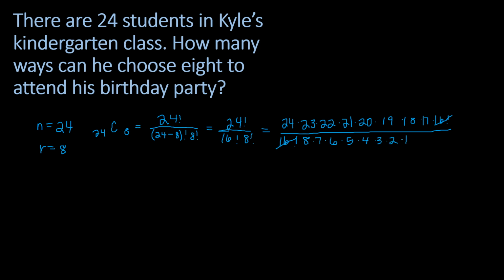Now when you type this top in your calculator, it's a really large number, so it's going to give you scientific notation. A way around this is we can type in this whole thing if we put parentheses around our numerator and our denominator. So we're going to type in parentheses 24 times 23 times 22 times 21 times 20 times 19 times 18 times 17. Close your parentheses, divided by, open a new set of parentheses, 8 times 7 times 6 times 5 times 4 times 3 times 2 times 1, and then close your parentheses again.